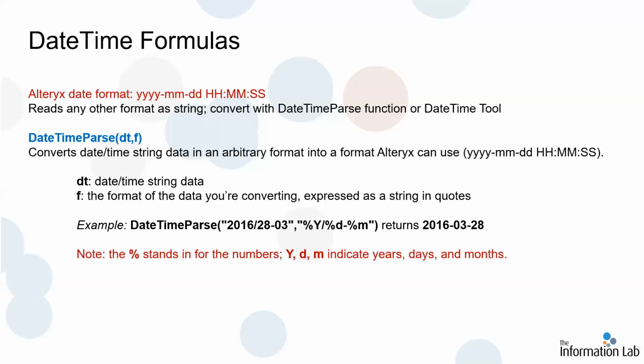We've got the % standing in for the numbers, then the year, then the /, then the % standing in for the numbers, a D to indicate that that bit is the day, followed by the hyphen, the % placeholder again, and then an M to indicate that that bit is the month. Once we do that with our DateTime parse function, it will return this nice clean 2016-03-28, which is in the correct format for Alteryx to use later.